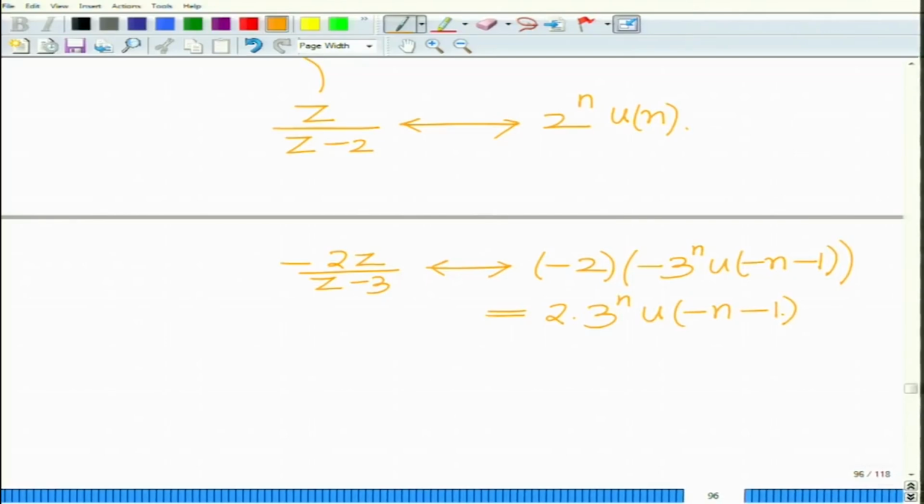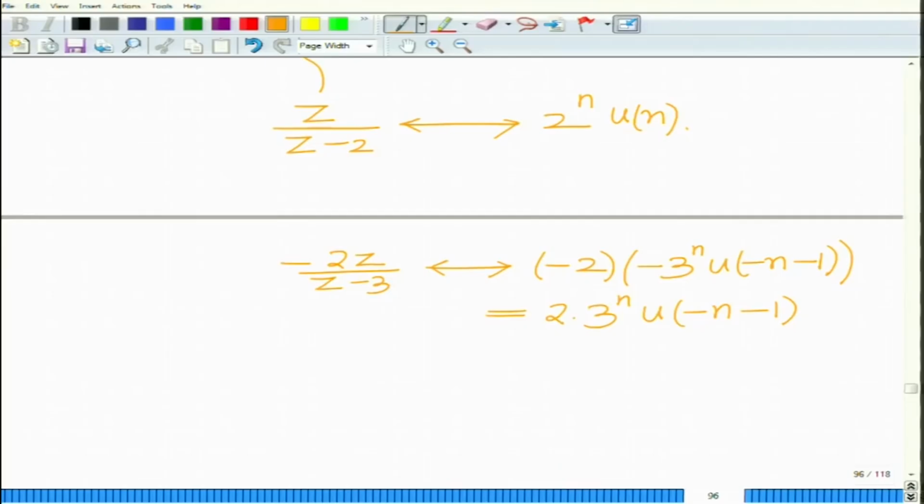Since the ROC is magnitude z less than 3, that is 2 less than magnitude z less than 3, correct, the inverse Z transform of z over z minus 3 is minus 3 raised to n u[minus n minus 1]. Okay. Now, we come to the remaining term, that is the term which is of the form z over (z minus 3) square.